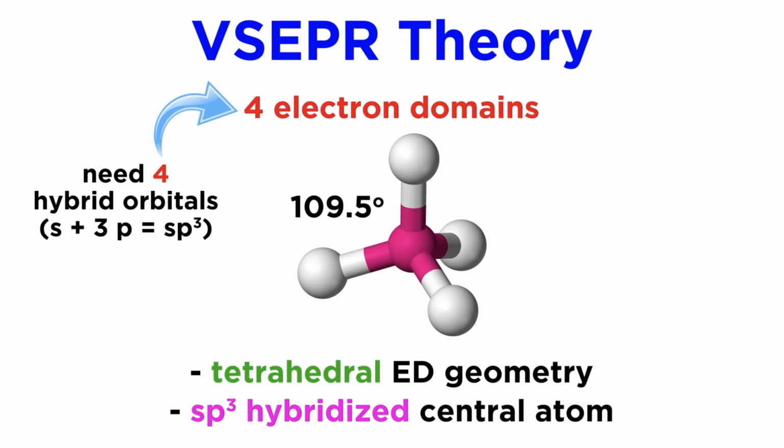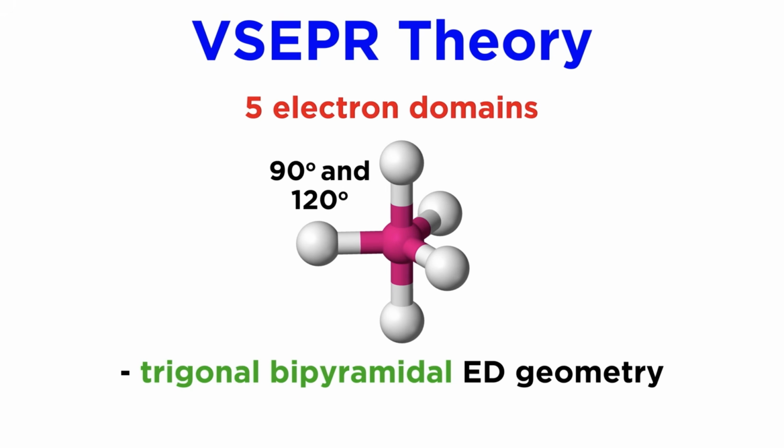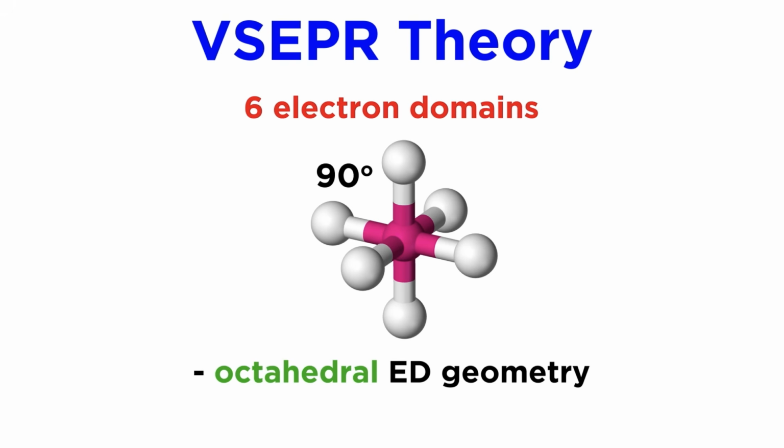Most of the compounds we will discuss will exhibit one of these configurations, but let's briefly mention a few more. With 5 electron domains, we get the trigonal bipyramidal geometry, which has both 90-degree and 120-degree bond angles. And for 6 electron domains, we get something called an octahedral geometry, with all 90-degree angles.